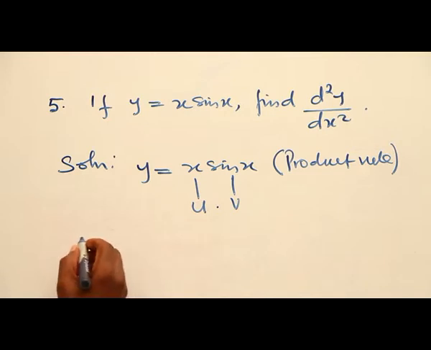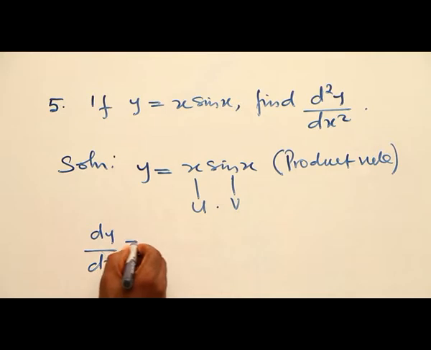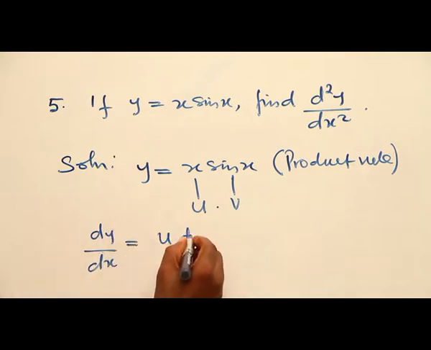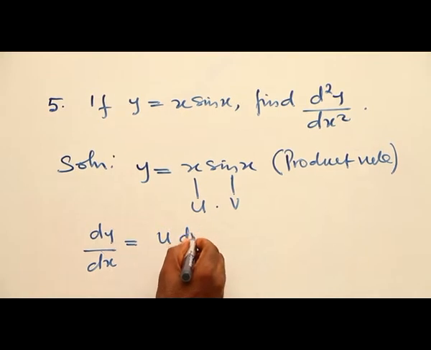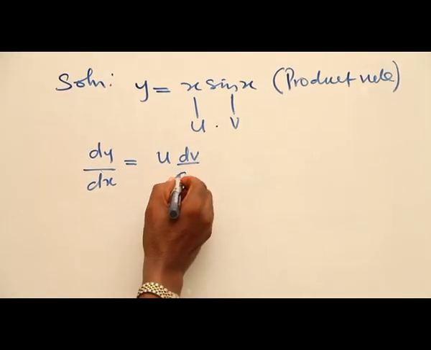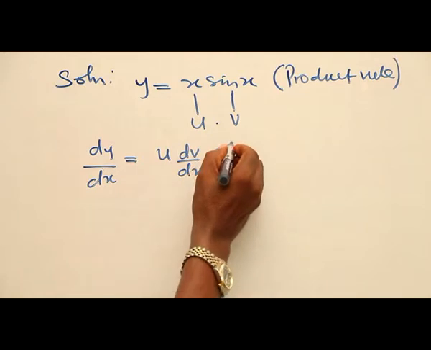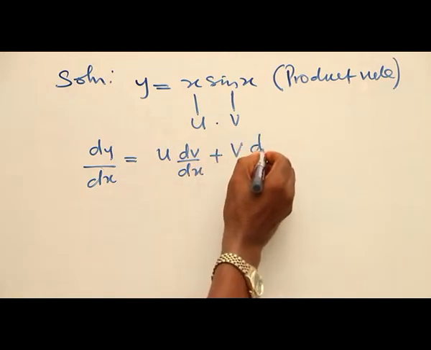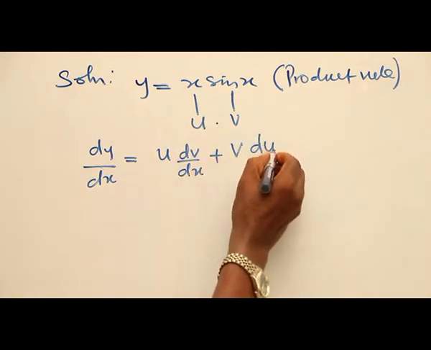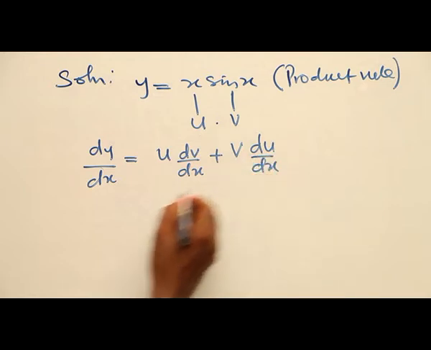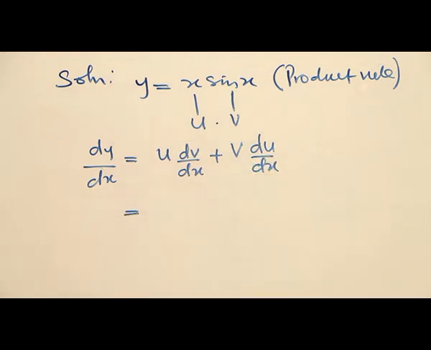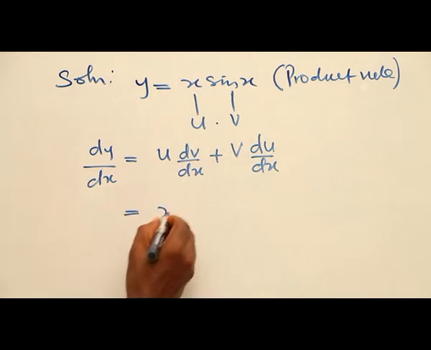So we'll take our dy all over ds is equal to u times the derivative of v with respect to s, plus v times the derivative of u with respect to s. Now, your u is s. The derivative of v is the derivative of sin s.